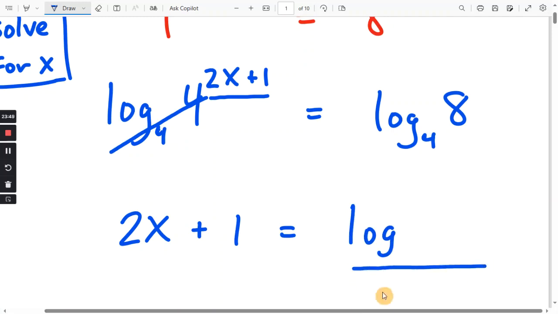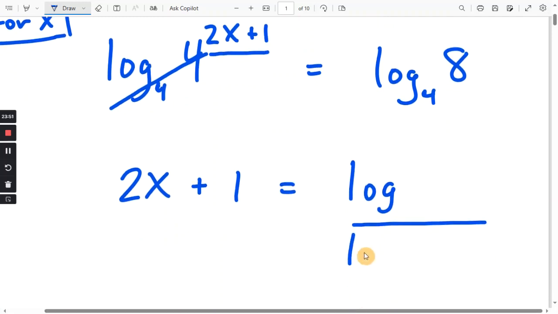And why am I doing that? Because you want the same base in the numerator and denominator. So it's just log over log. And we said the base number goes on the bottom. The base is 4, that goes on the bottom. And the argument goes on the top. That's the numerator.